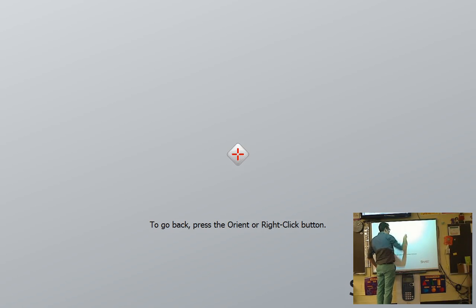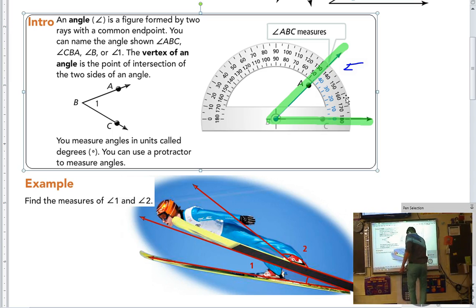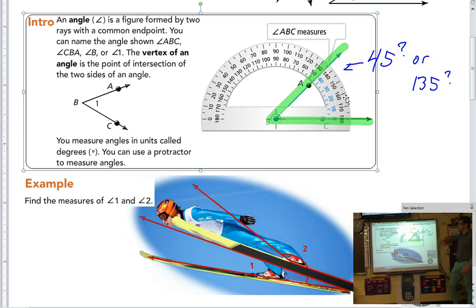Make sure you're looking at the line that's up, not the one on the bottom. So it could be 45 here, or between 130 and 140, 135.